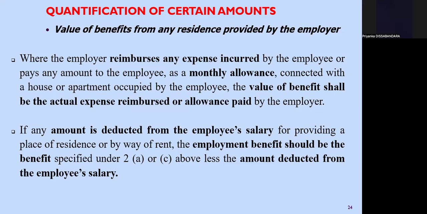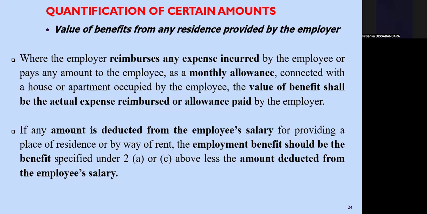And the next condition is, if any amount is deducted from the employee's salary. That means the employer can collect some amount from the employee for providing a place of residence or by way of rent.